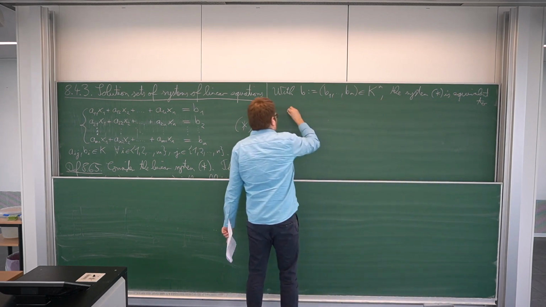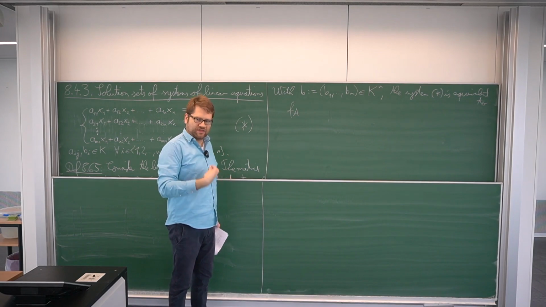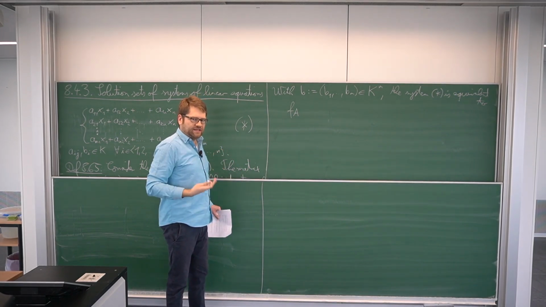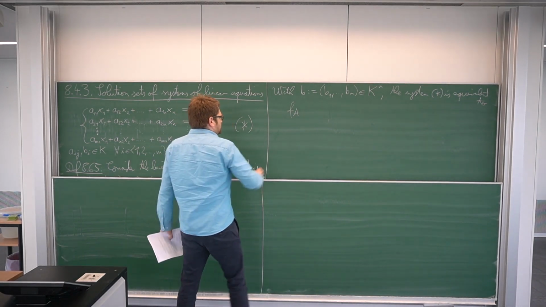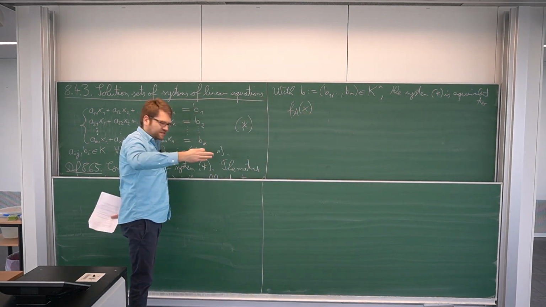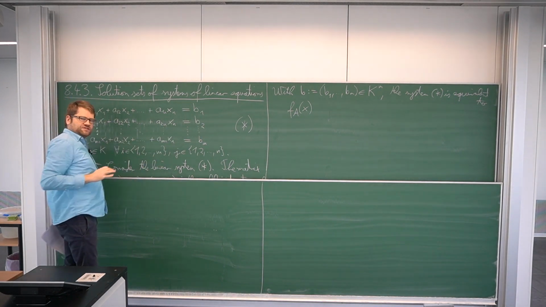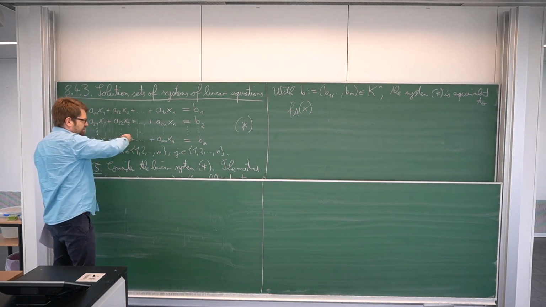Namely, consider the map induced by the coefficient matrix, just abstractly, and take a look at what the left-hand side looks like. If we take fA of x, where x has components x1 to xn, this is precisely the left-hand side of this linear system, just as a tuple.